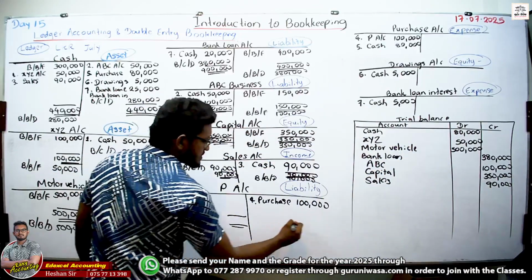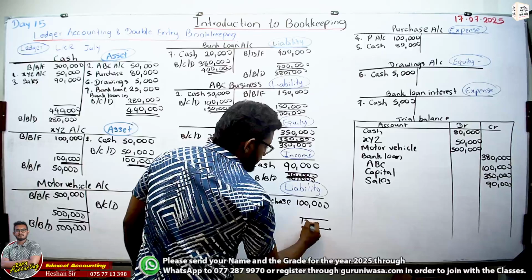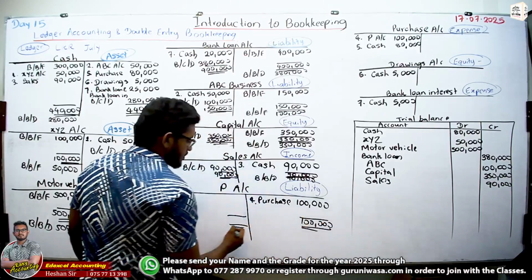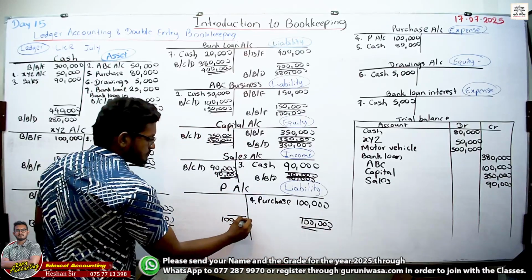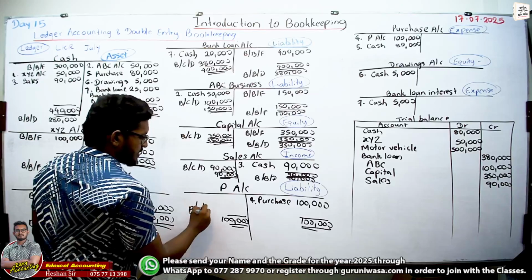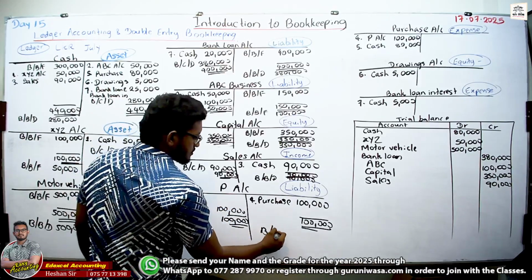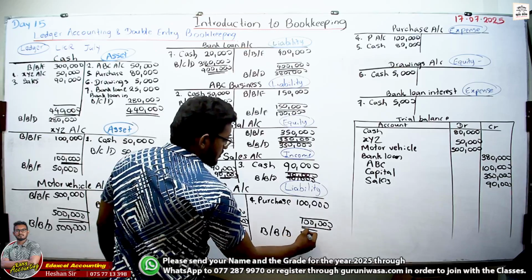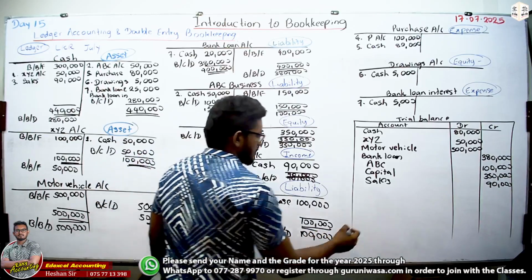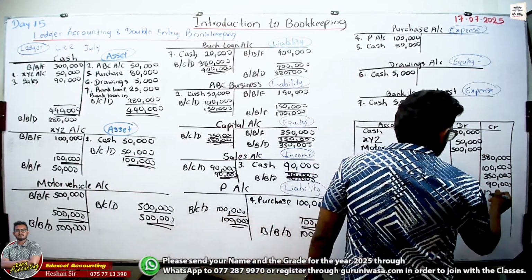P account is a liability account because we purchase goods on credit basis from them. So 100,000, balance carried down 100,000, then balance brought down. Fees account, credit side 100.